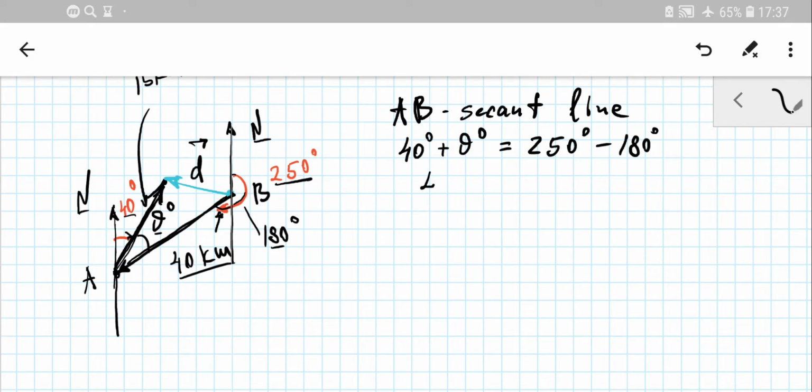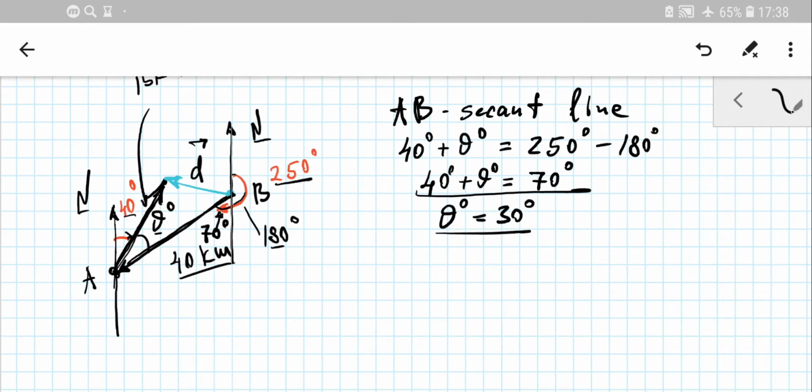So basically what we've got is 40 degrees plus theta equals 70 degrees. Okay, so we found out that this angle is 70 degrees, and as corresponding angles, they correspond to the value of 40 plus theta. So we can set up this equation, from where the theta angle is 30 degrees.